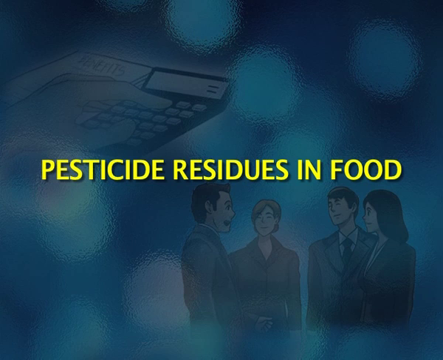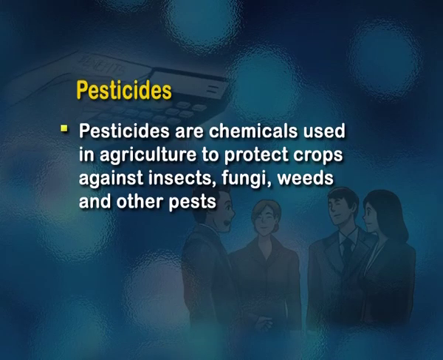Pesticide residues in food. Before we understand pesticide residues in foods, let us know what pesticides are. Pesticides are any chemicals used in agriculture to protect crops against diseases caused by insects, fungi, weeds or other pests.